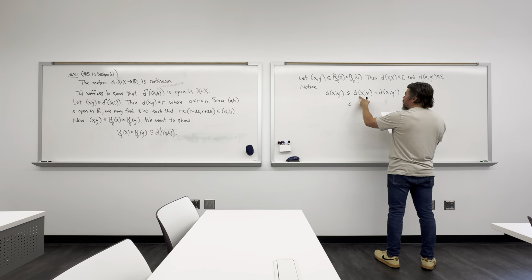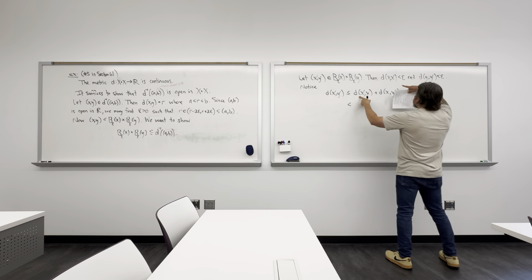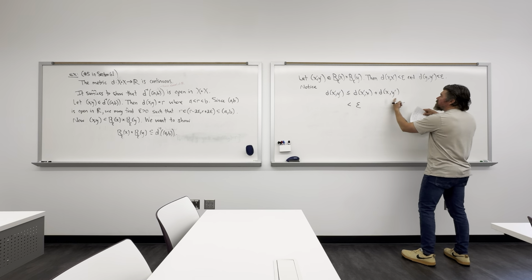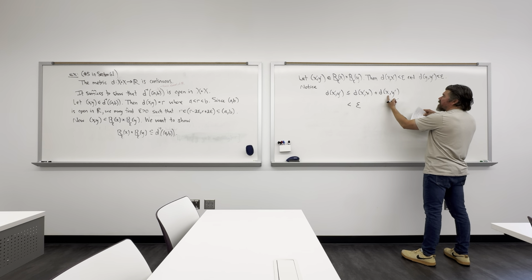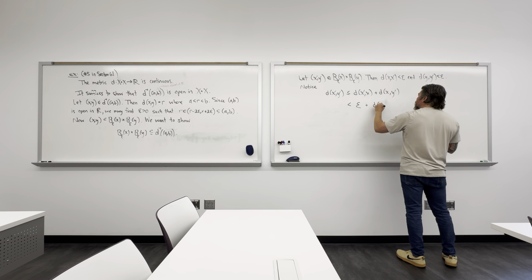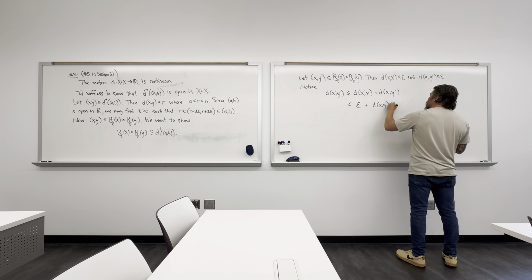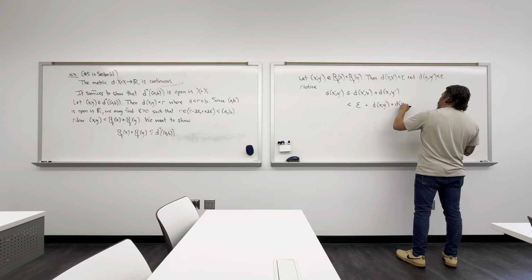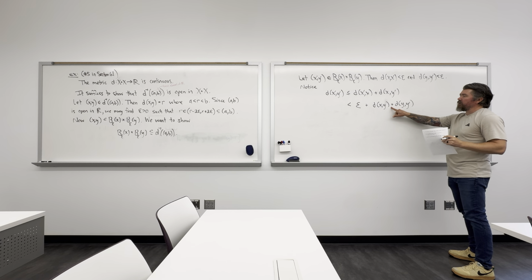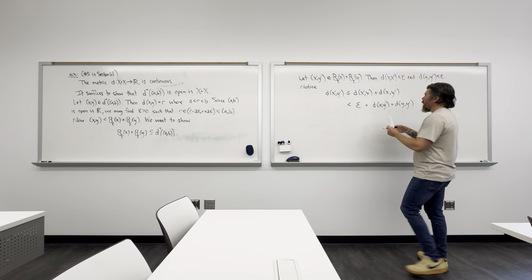This here, x to x prime, is less than epsilon. But notice I don't have a statement for this, so I can use the triangle inequality again: d of x, y plus d of y, y prime.